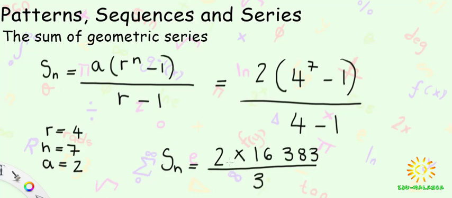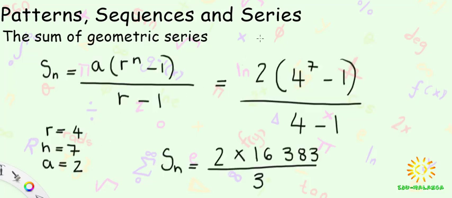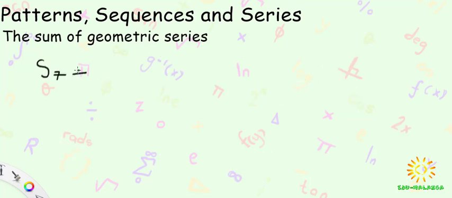If you enter this into your calculator, you'll find the final answer that S7, sorry I've been using n when we know that it's 7, is equal to 10,922. And this is when our r is equal to 4.